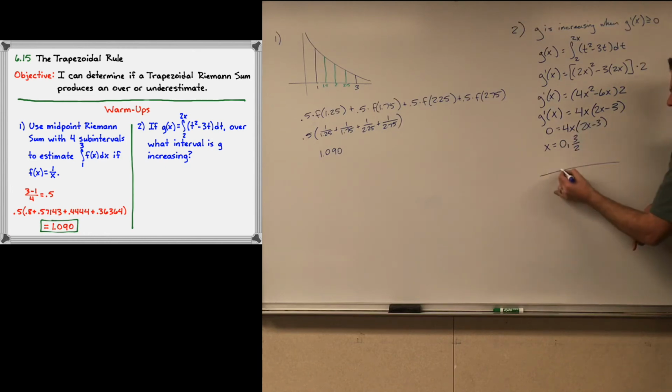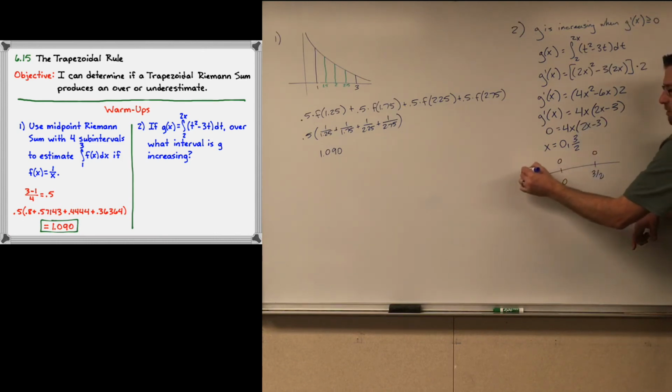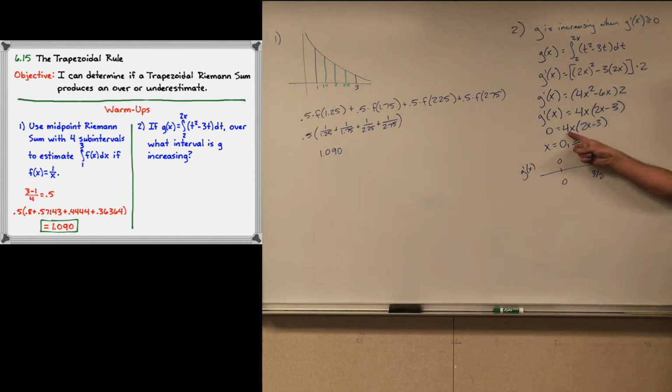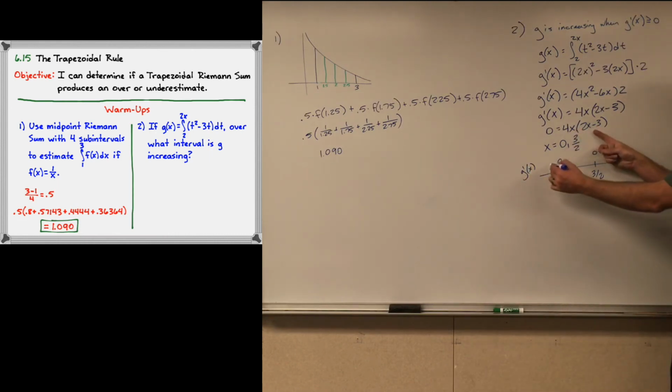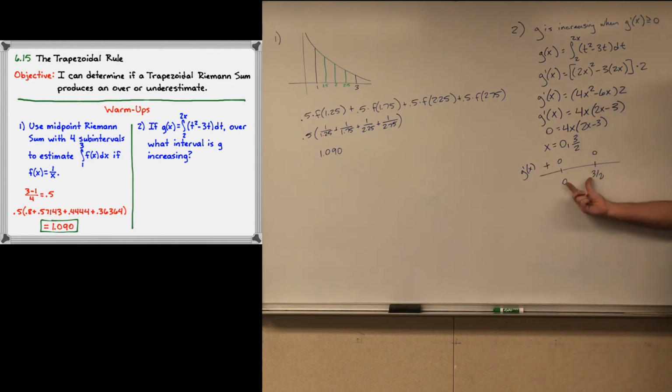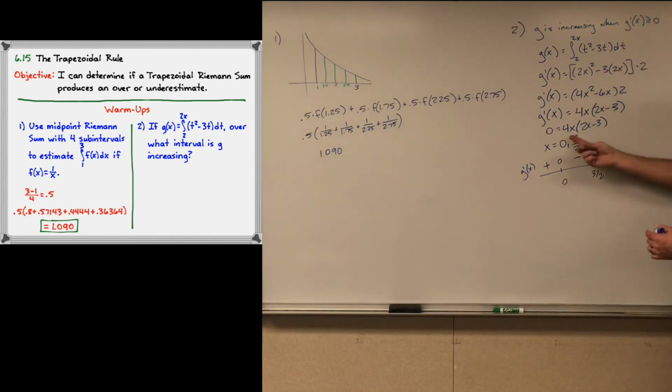So now we set up the number line with 0 and 3 halves. This is where g prime is 0. Let's plug in a number over here like negative 1. What do we get? Positive there. Plug in 1 there, you get positive and negative. Plug in a 2, that's positive and positive, so positive. So g is increasing when g prime is positive.